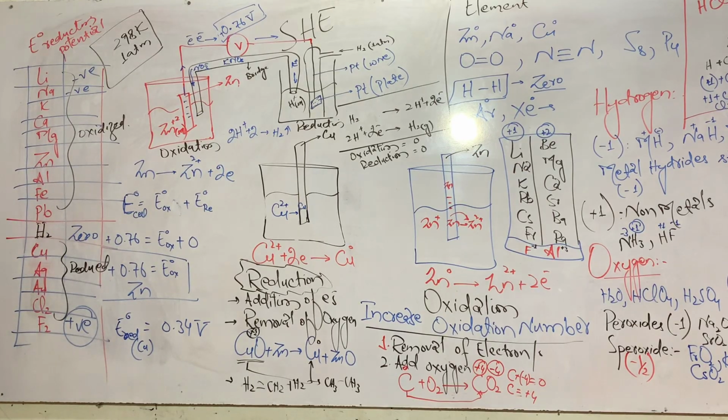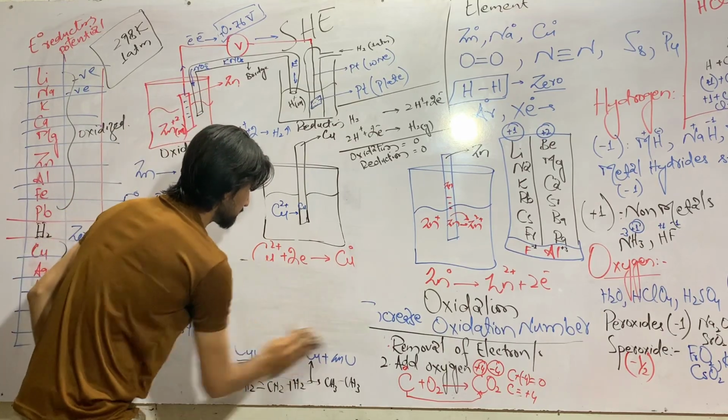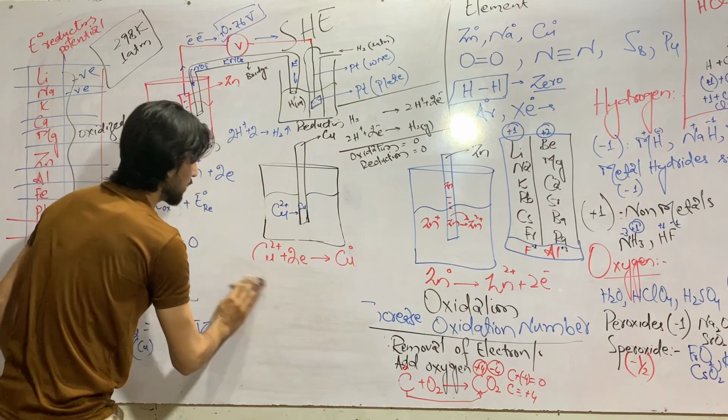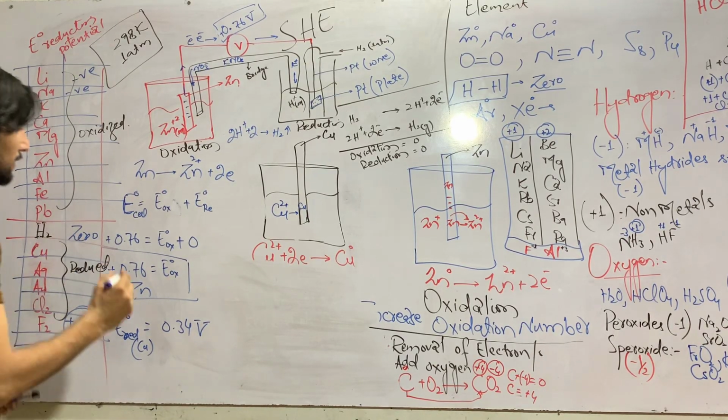So now what happens? On the basis of this table I can deduce a few things, and then we will wind this up. The elements which are above hydrogen in the standard reduction potential chart can replace hydrogen.